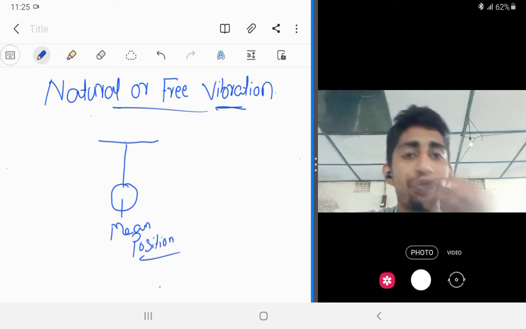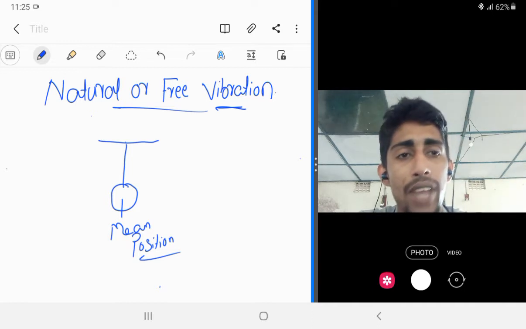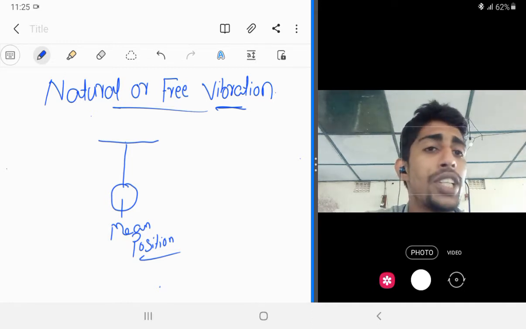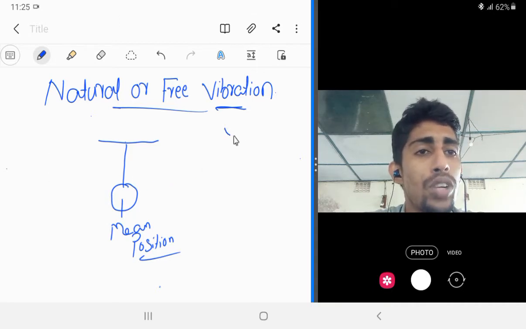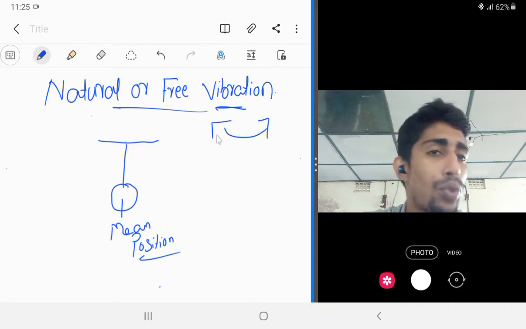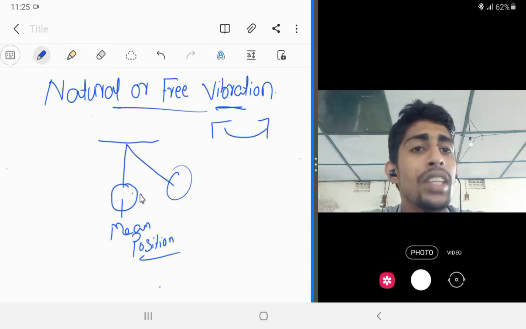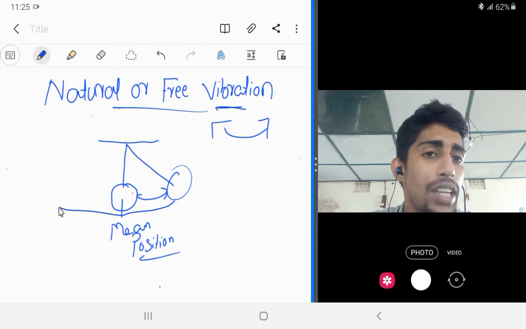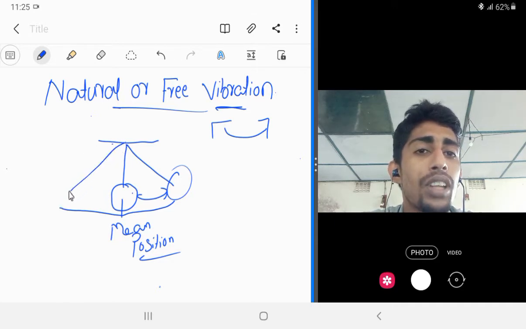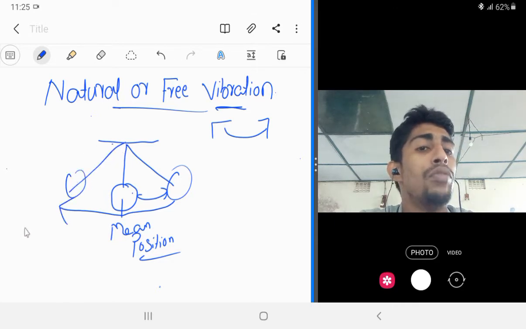But when we give a disturbance, when we give a sufficient amount of energy, the bob will start to move in a to and fro direction. Firstly the bob moves to here, then it comes to here, then again moves to this side. Will it stop?